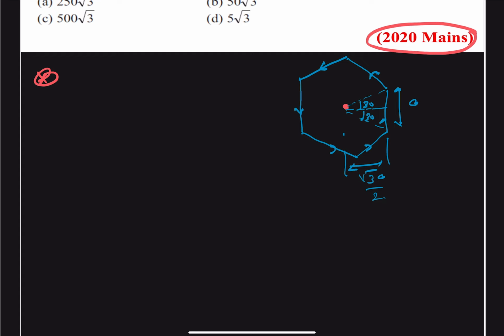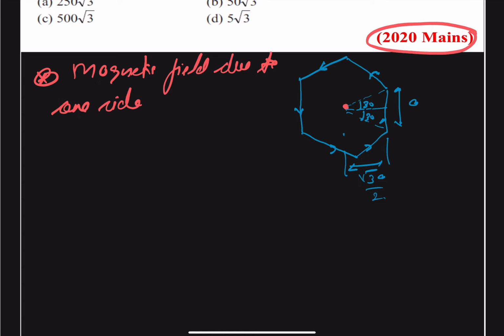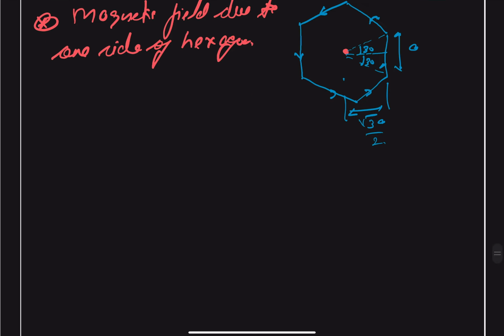Say the magnetic field due to one side of the hexagon, let us call that B1.